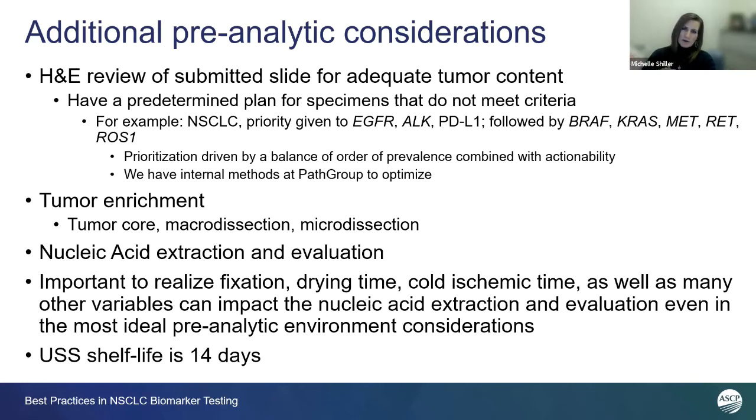So are we going to give priority to EGFR, ALK, and PD-L1, and then are we going to try for a small panel? If it doesn't even do that, what genes do they necessarily want right out of the blocks? And you can look at that and balance how likely it is to find a mutation, as well as how actionable that alteration would be in the therapeutic decision tree, and have those discussions.